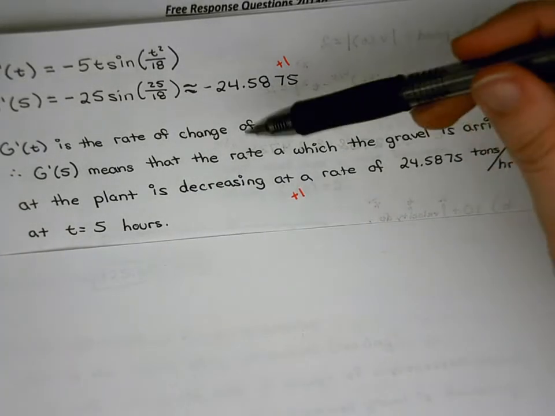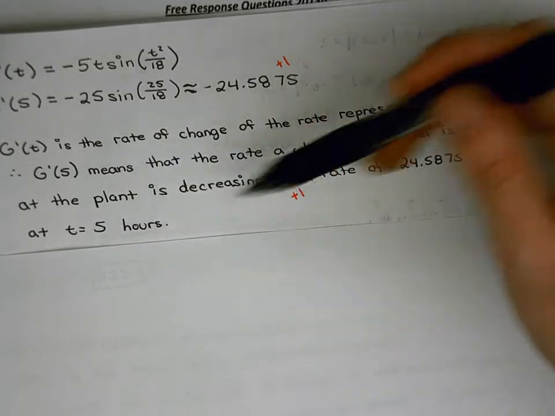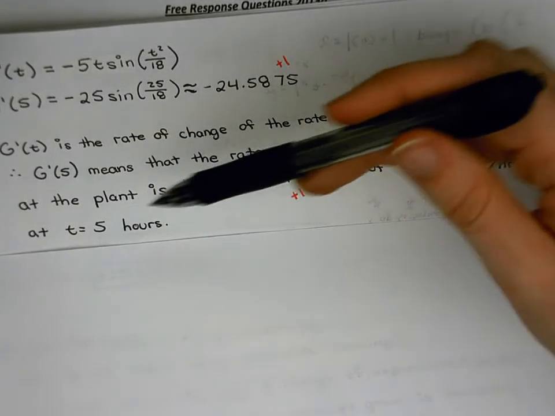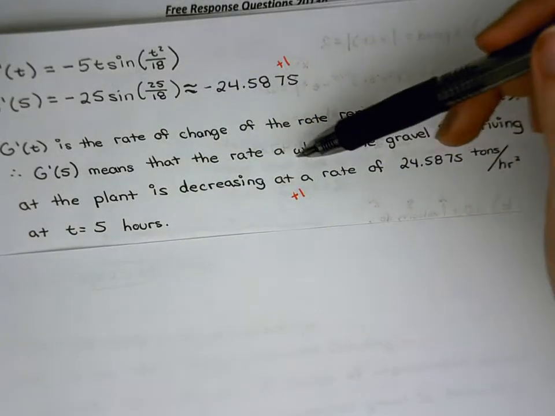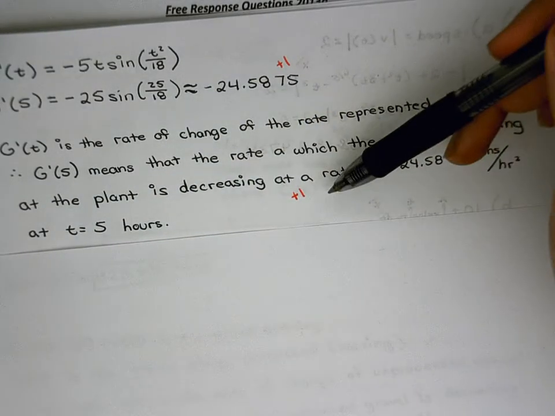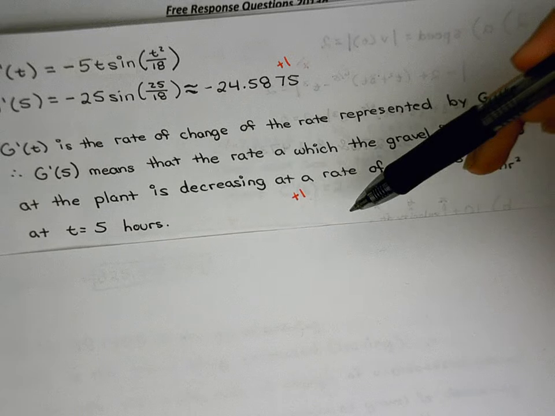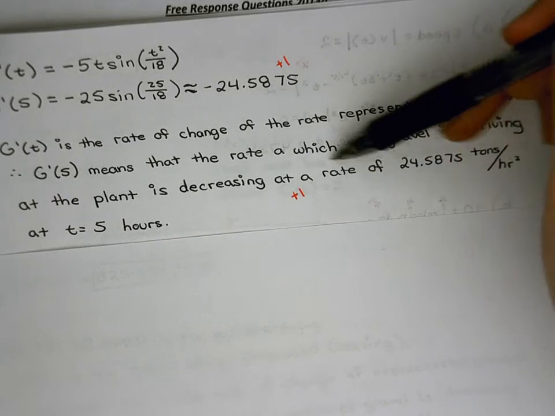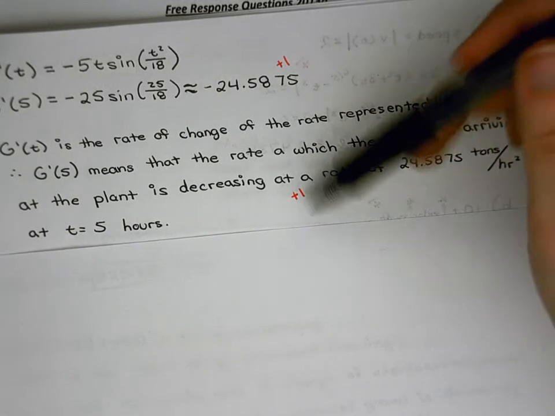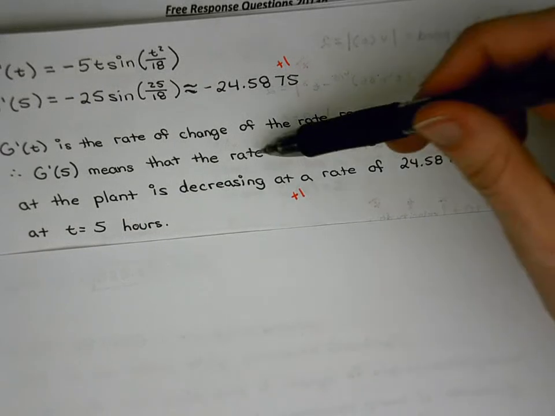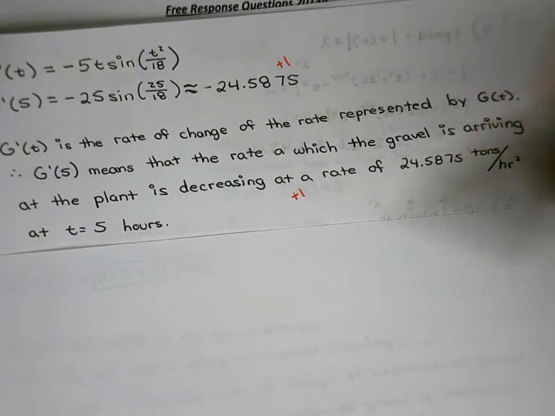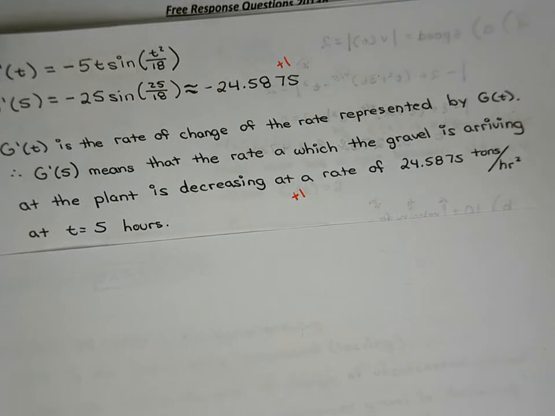This means the rate at which the gravel is arriving at the plant. That's describing g of t, right? G of t was the rate at which the gravel arrives at the plant. And that rate is changing at a rate of, so a second rate here, a second derivative, because it's the derivative of my derivative, right? So you do want to make sure you're careful with how many times you use that rate phraseology. Okay.